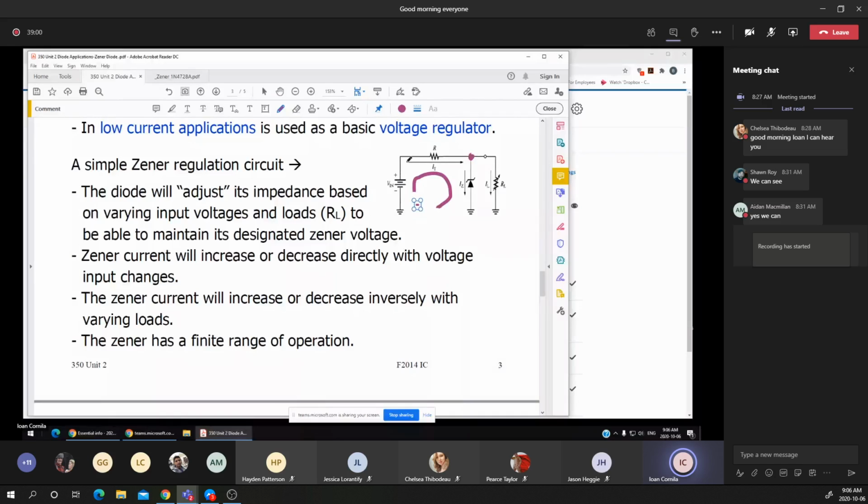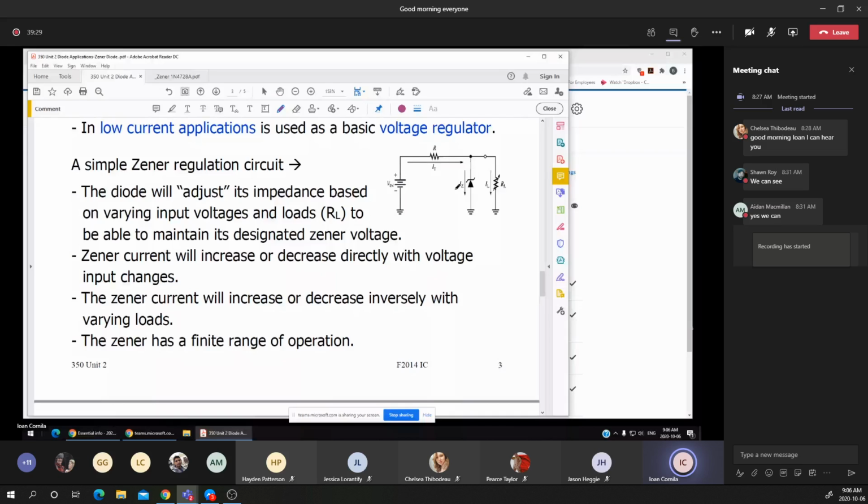That means that for a constant IT, the IZ takes on the excess of the load current. If the load resistance is decreasing, the IL is increasing and the IZ is decreasing, maintaining the same IT.